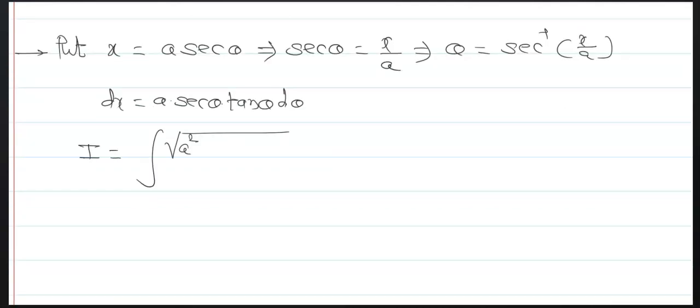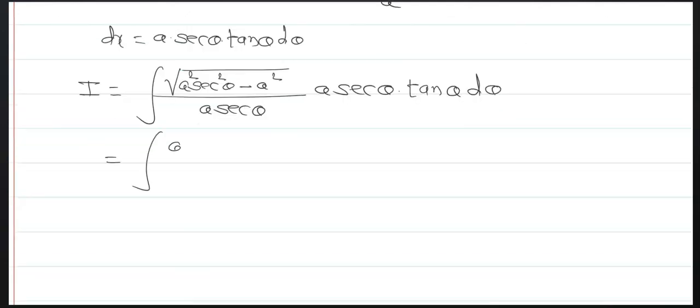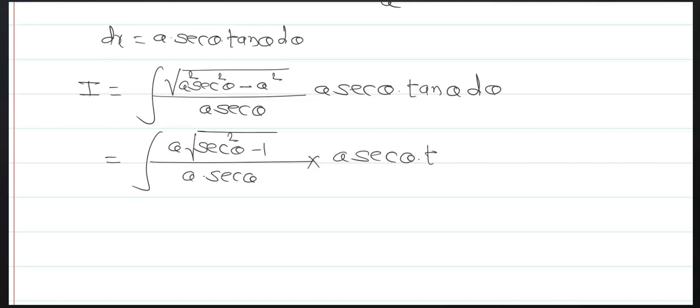Therefore I is equal to integral of a square sec square theta minus a square, over a sec theta, into a sec theta tan theta d theta. Therefore, integral, take a as common, sec square theta minus 1, a sec theta into tan theta into d theta.